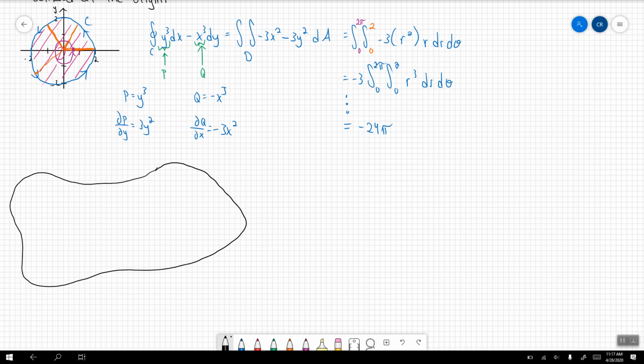Here I'm going to have curve C, and I'm going to attach a positive orientation to curve C, like such. That curve C is enclosing a certain region, and we're going to call that region D.